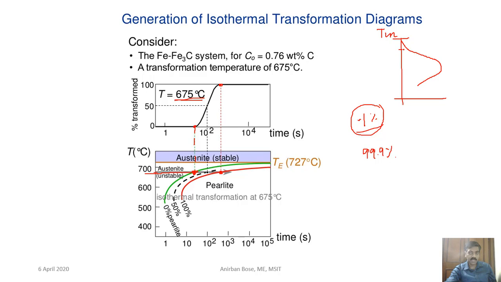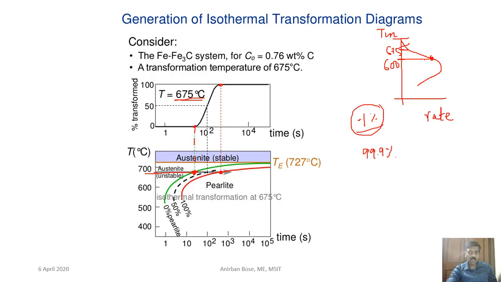Now instead of 675, if you are here at this temperature, what is your expectation? The transformation rate is, here in the x-axis, the rate. So is the rate high or less, with respect to, this is say 675 and this is say 600? At which temperature is the rate more? At 600 the rate is more.